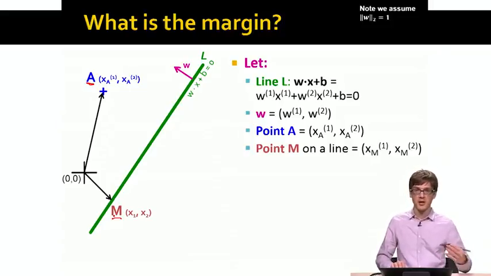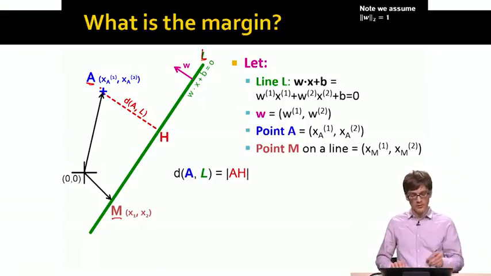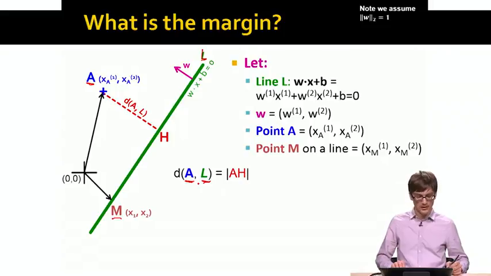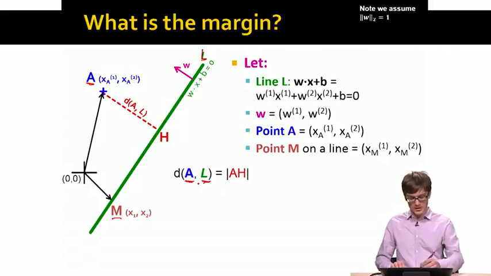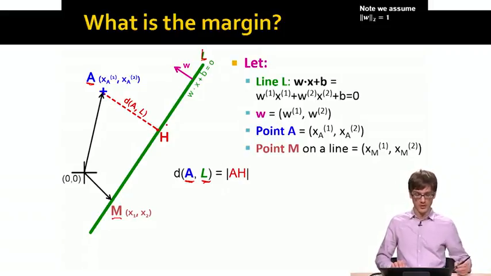It doesn't matter, it's an arbitrary point on this line L. The question is, what is the distance between the point A and the green line L? This is the distance between the point A and the point H that is closest to A, and H has to be on the line.